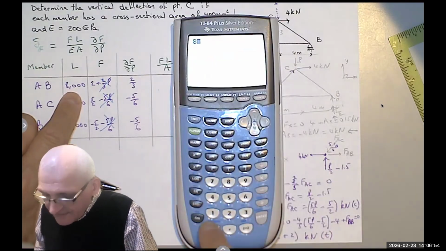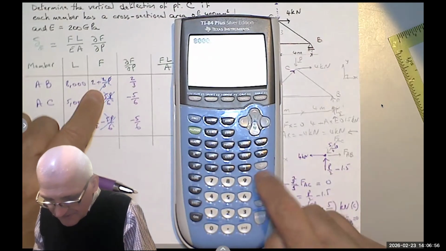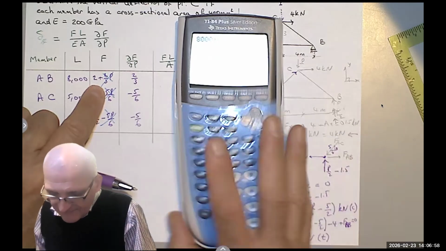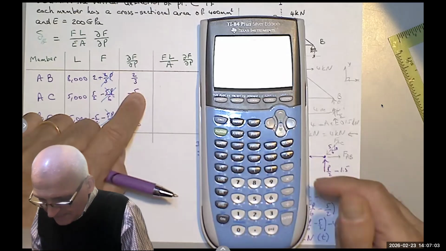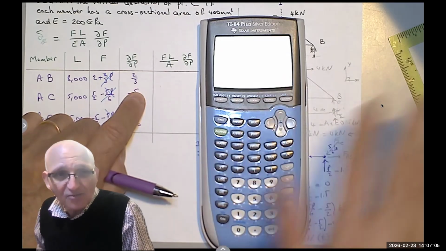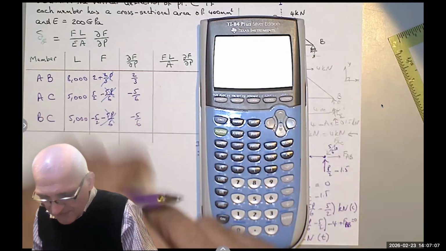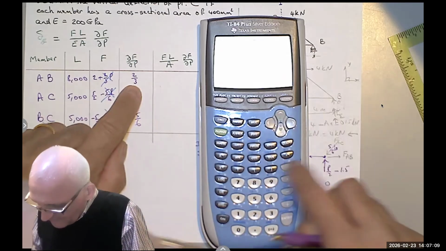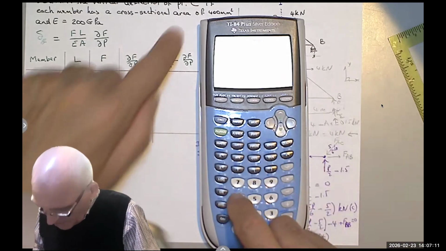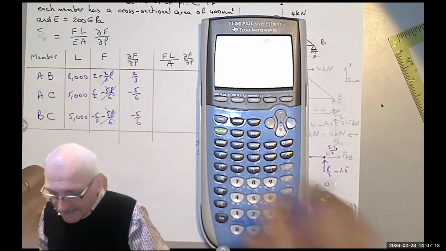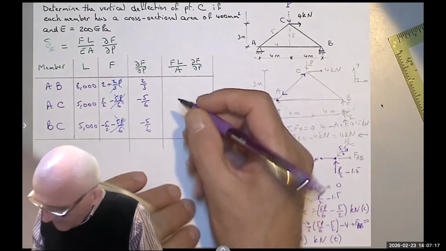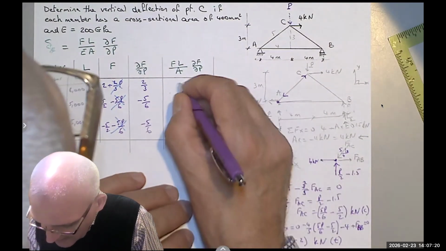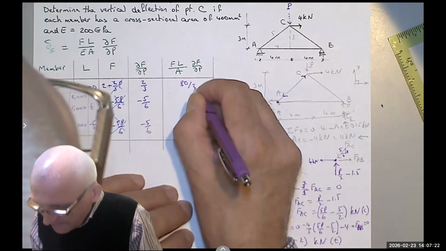We can say 8,000 times, so that is F times L, times 2/3. I'm going to leave the 3 because instead of ending with a decimal, I'm going to divide by 3. And then I'm going to divide by 400. It tells me 80. So I get 80/3.